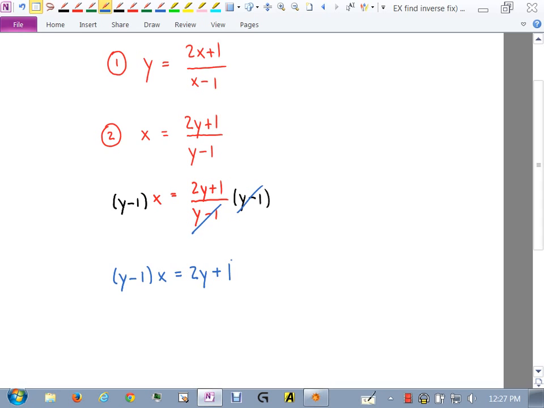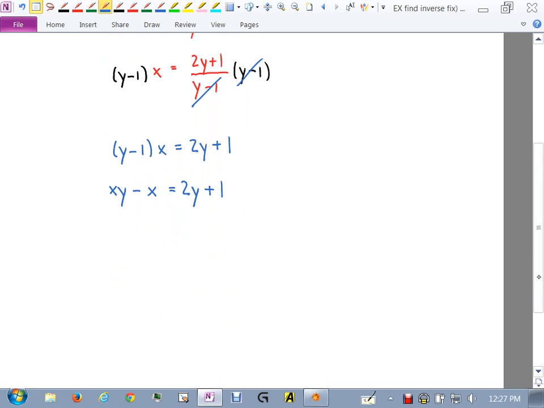This is not necessarily the most natural thing that you want to do, because you might think I just made it look worse. But what you've done is you've freed the y from the parentheses, haven't you?